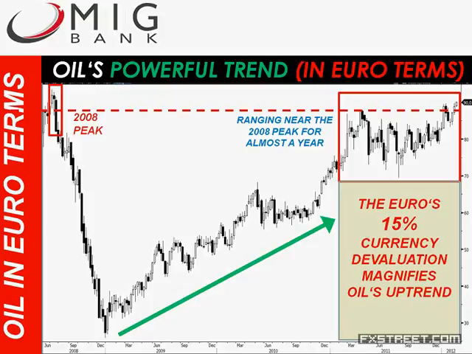Now there's a key reason for this. Can anyone tell me why it might be interesting to look at oil in the single currency euro at this moment in time? It's on the screen, but I just want to get some feedback from some people. Anyone want to give me their view? Why might it be interesting to look at oil priced in euro?